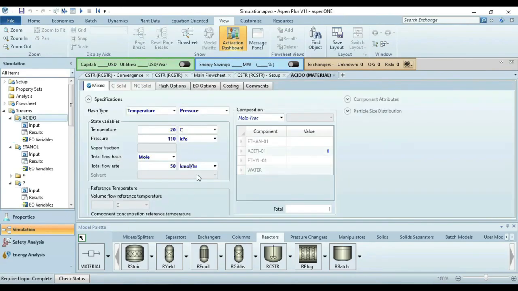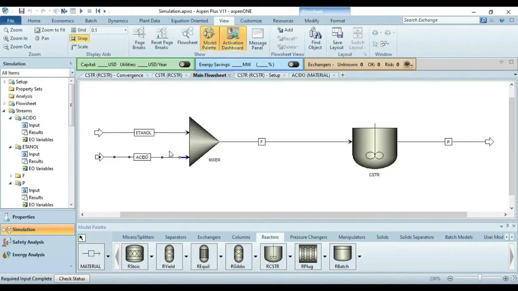For the acetic acid, let's consider the same temperature and pressure and an equivalent molar flow rate of 50 kmol per hour, being pure acetic acid in this stream. Okay, and go next.